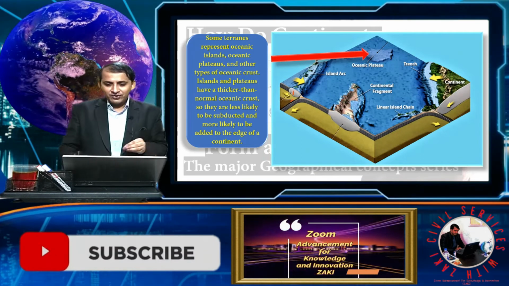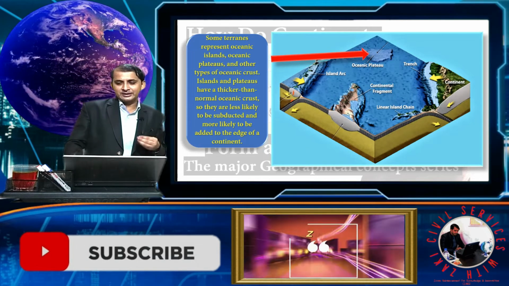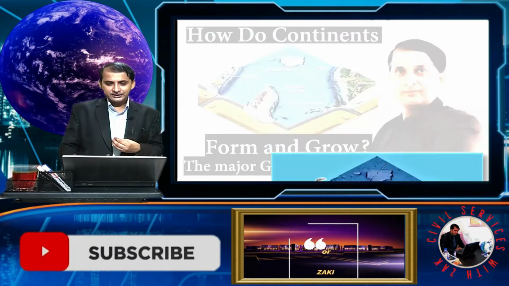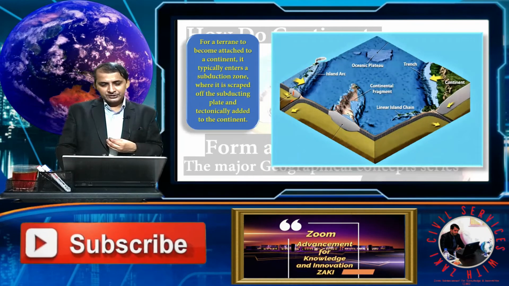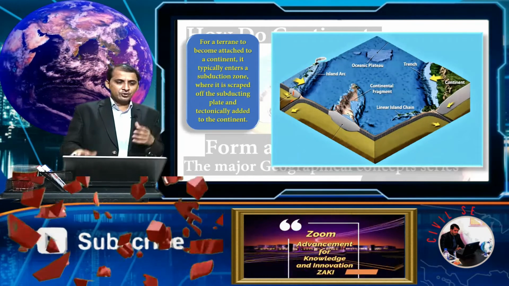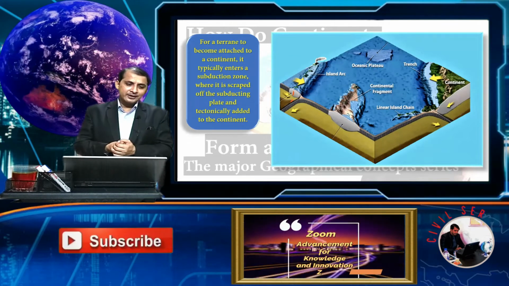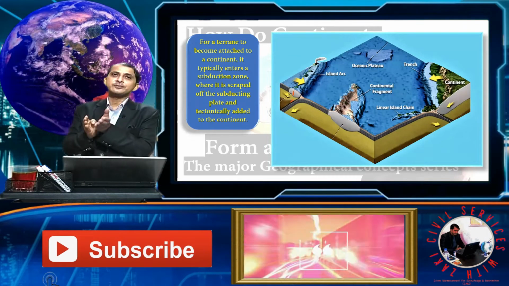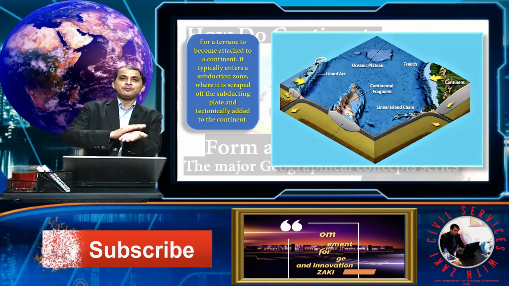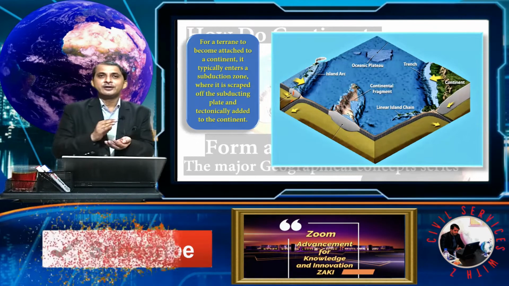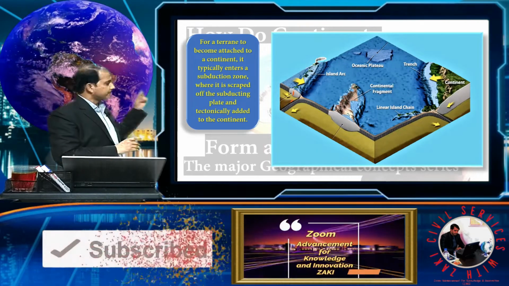Finally, in the fourth stage, for a terrane to become attached to a continent, it typically enters the subduction zone. Before attaching to the continent, they go to the subduction zone.